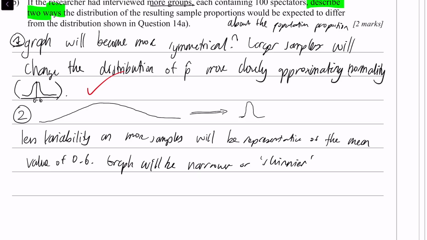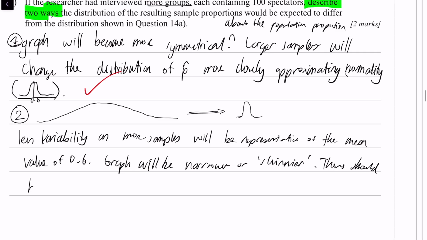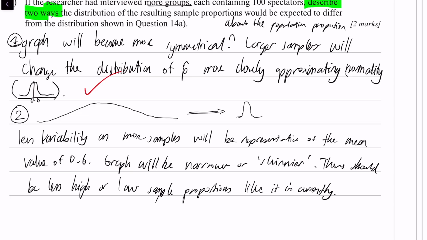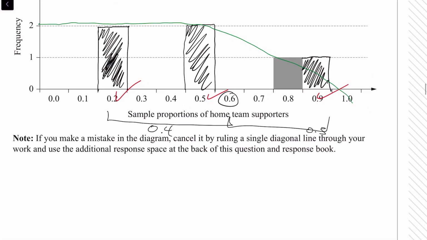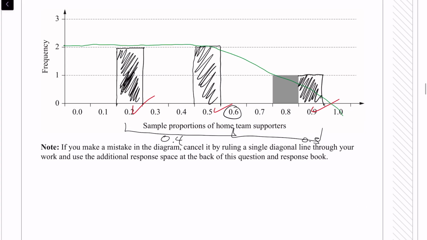There should be less high or low sample proportions, like it is currently. Because currently, as I mentioned, there are too many high and low frequencies.